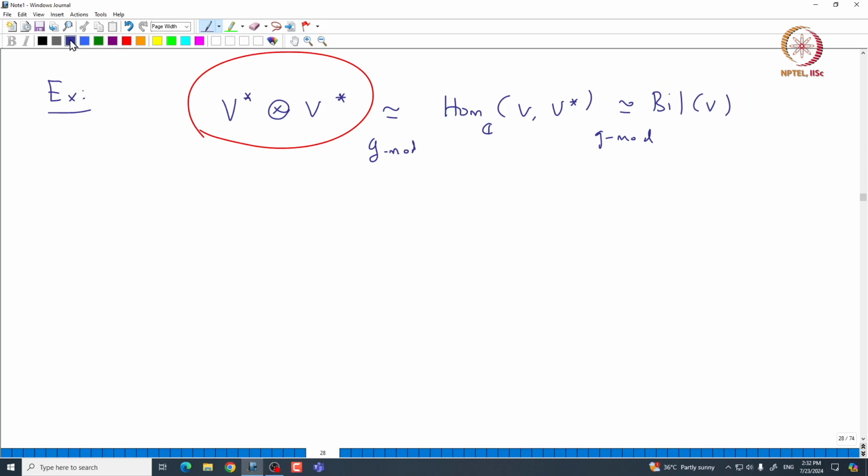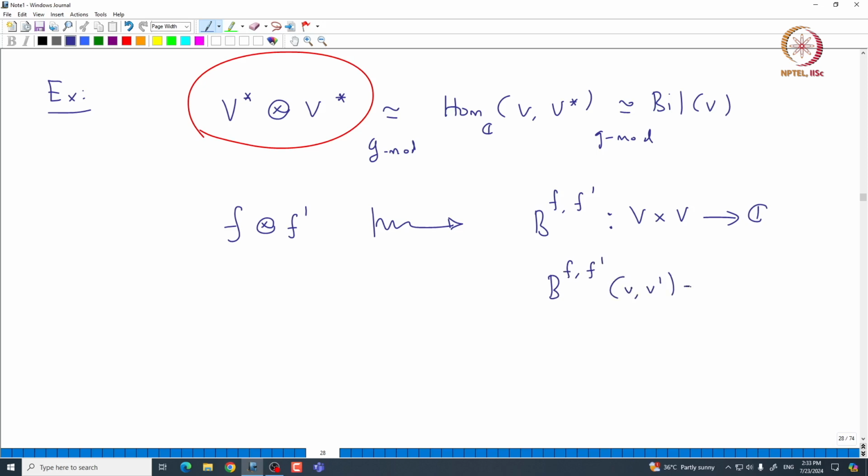If I take f tensor f dash, which is a simple tensor, then this corresponds to a bilinear form B_{f f dash}, defined from V cross V to C as follows: B_{f f dash}(v, v dash) is just f(v) times f dash(v dash). So, there is this natural bilinear form associated with the simple tensor f tensor f dash.